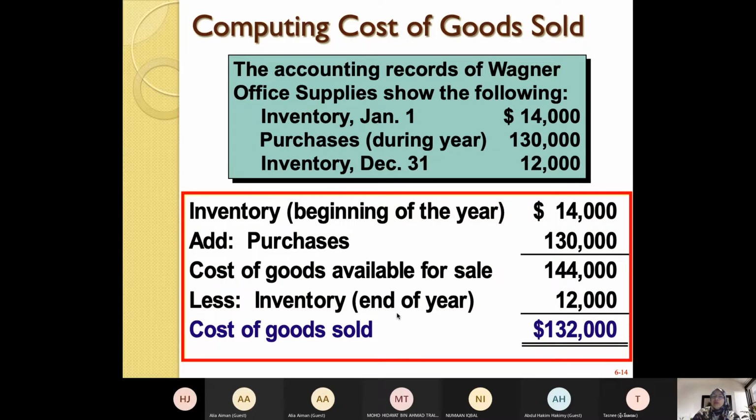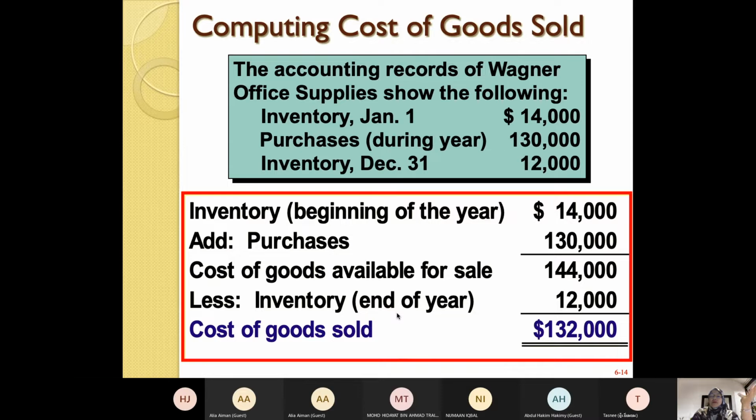Whatever inventory you have when you do your stock take will be your closing inventory. Remember, you do not monitor your inventory. So in this case, the year end is 31st of December, and based on the stock take, they say I have 12,000. That will be my inventory as at that date.